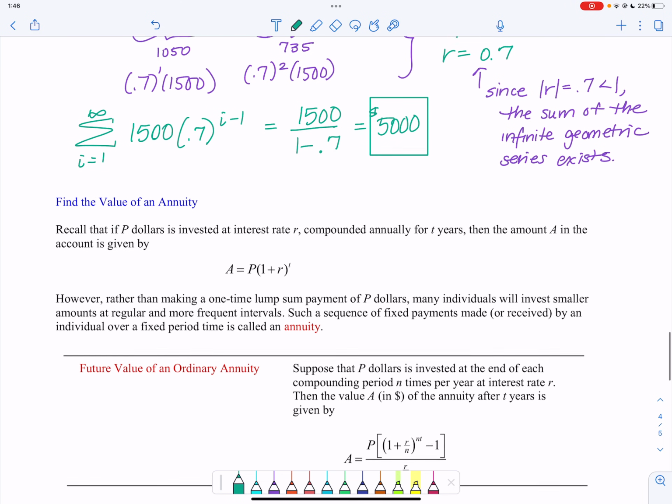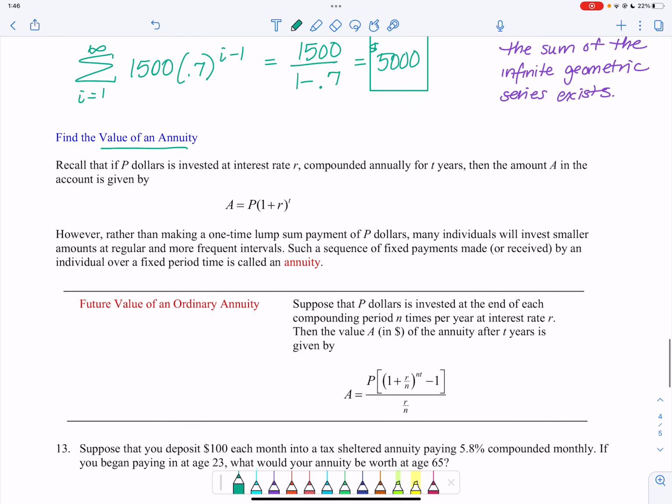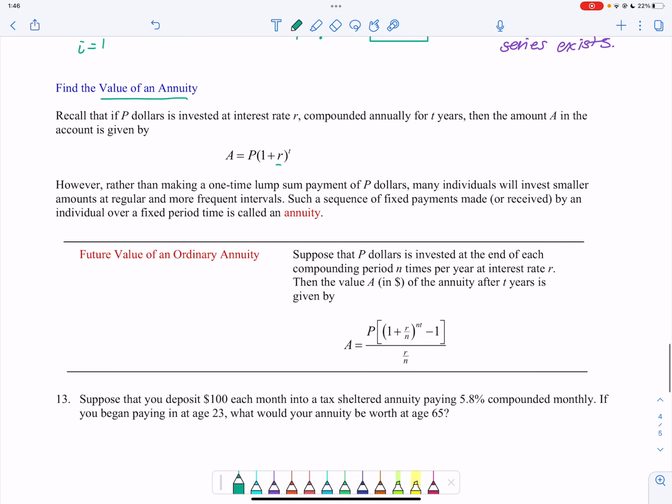Let's take a look at some formulas to find the value of an annuity. Remember that if P dollars is invested at an interest rate of r, compounded annually for t years, then this is the amount that you will have after t years.